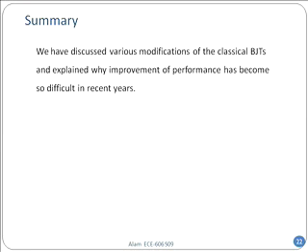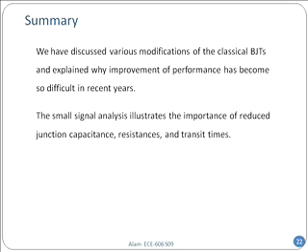So these days people play with the junction capacitances. They try to make them as small as possible by making good isolation and other things, thereby increasing the frequency. Now I showed you how to do the small signal analysis. I made a lot of use of the diode results. So if you didn't understand the diode results properly, this is the time to go back and review them.